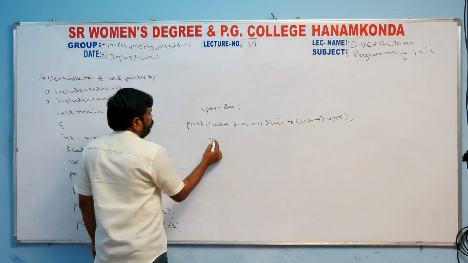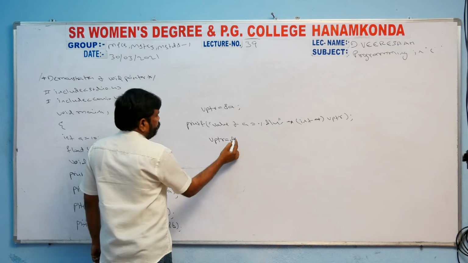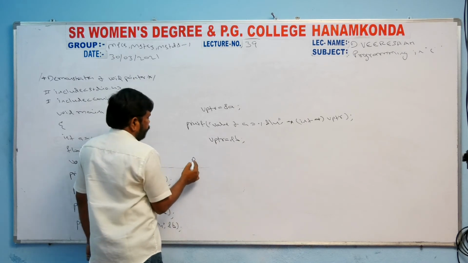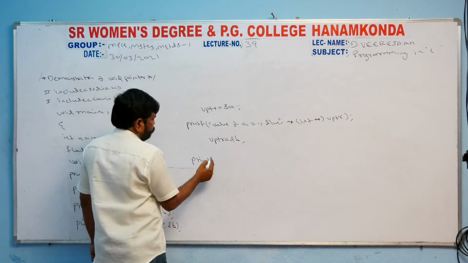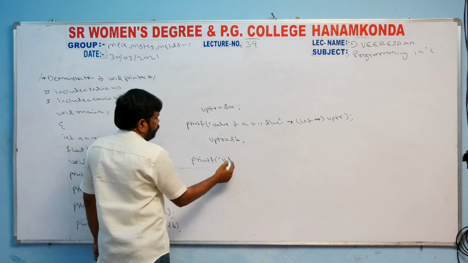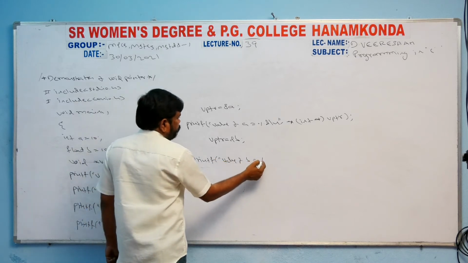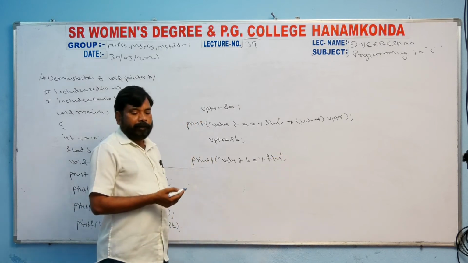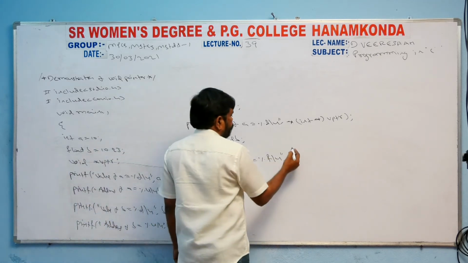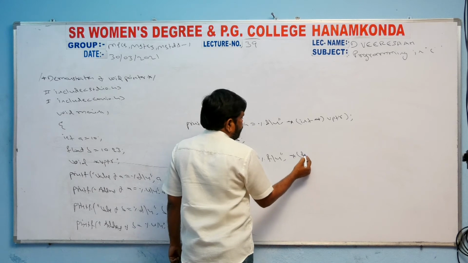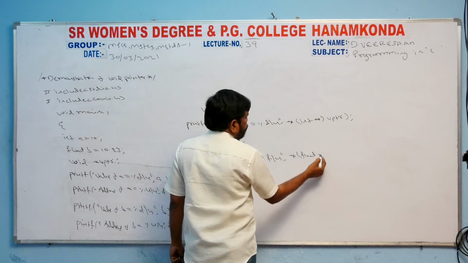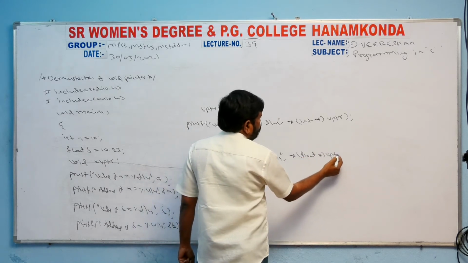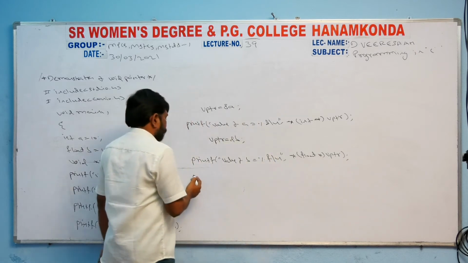Then again void pointer is equal to address of b. Again I can use it like this: printf "value of b is equal to %f \n". Why? Because it is a float value. Is it right or not? Then star, then it is float, then star void pointer.